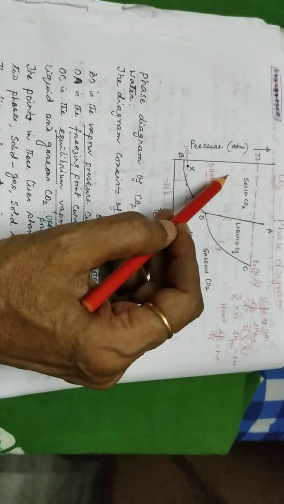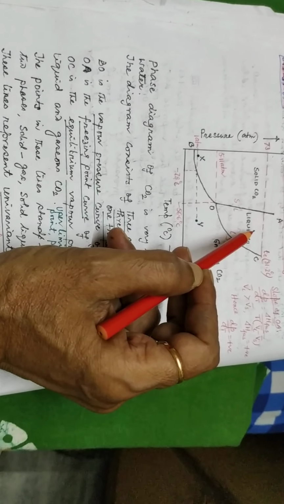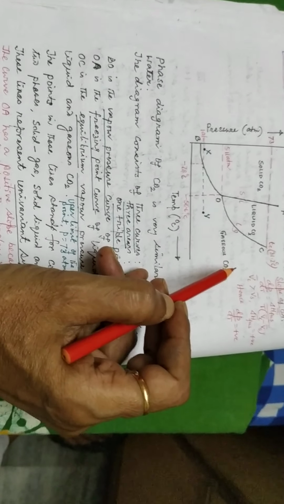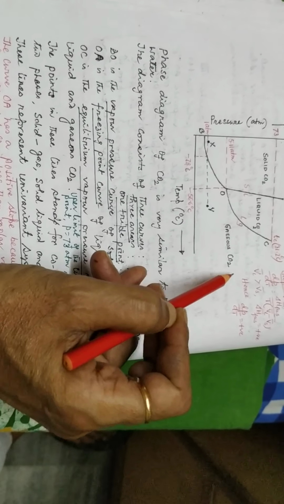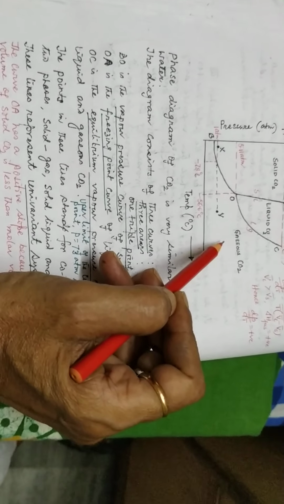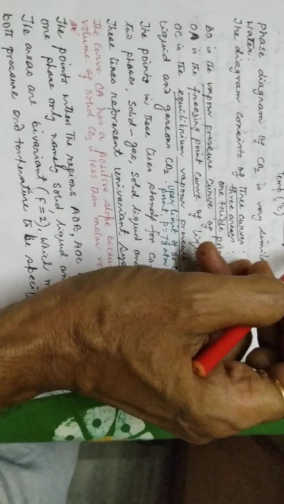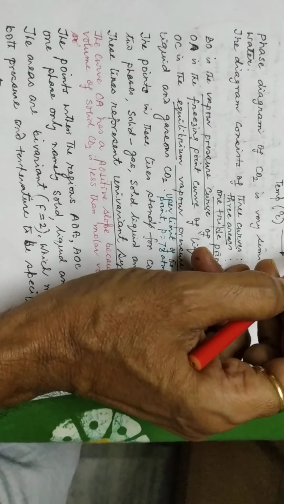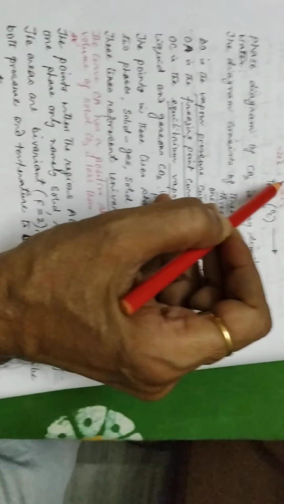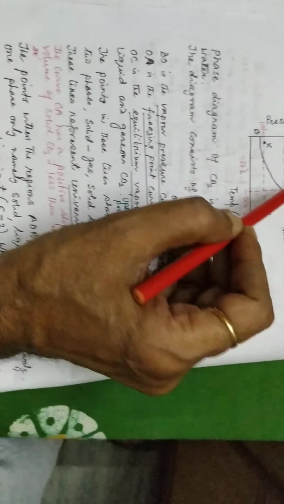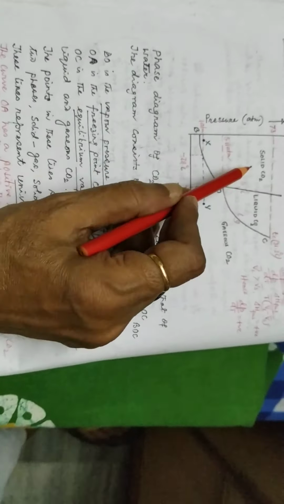So this is a system of 2 degrees of freedom. Now the triple point O, where the solid phase, liquid phase and gaseous phase coexist.